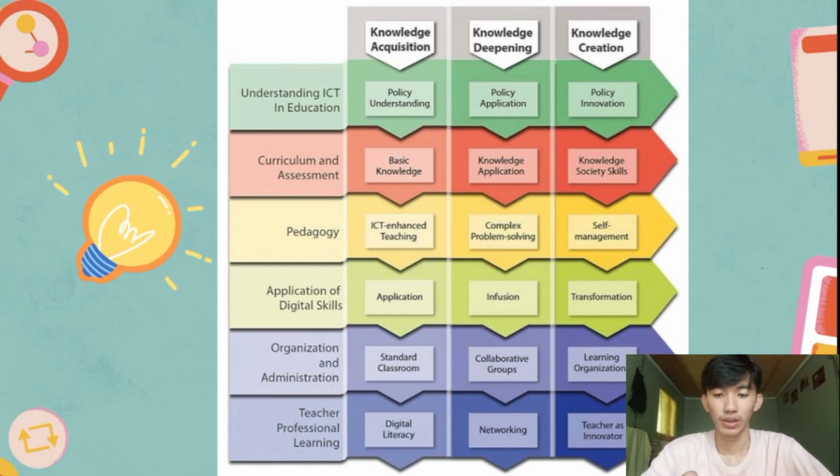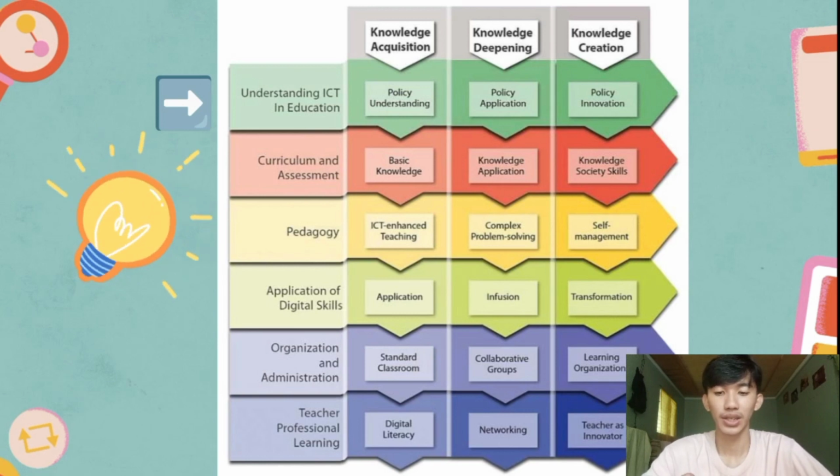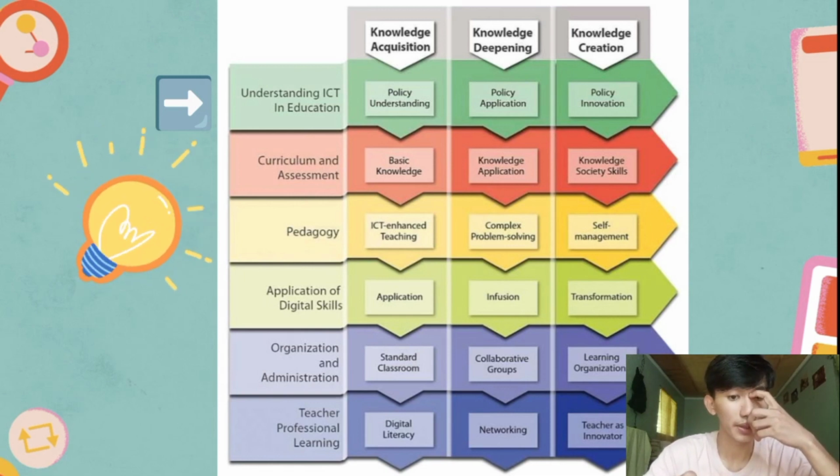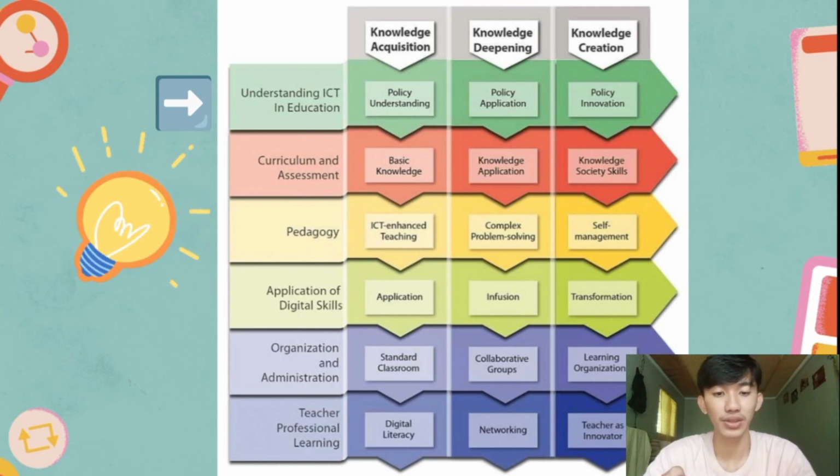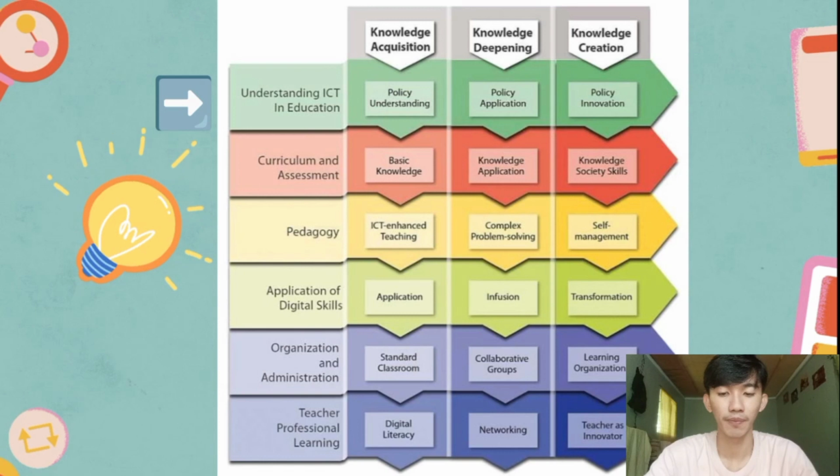So the first aspect is understanding ICT in education, and in the 3 levels, knowledge acquisition is nakapaloob dito yung policy understanding, and sa knowledge deepening is policy application, and the knowledge creation is policy innovation.